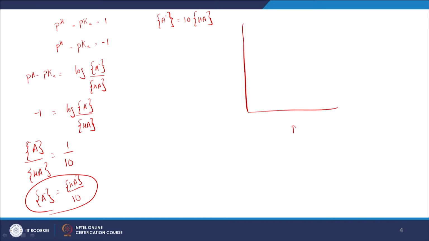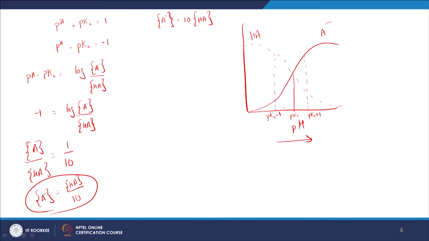So, again this is my pH, and this is my HA and this is my A minus and this is my pKa, and this is the graph, x axis is pH. So, within 1 unit from pKa plus 1, so pKa plus 1 and 1 unit to the left which is pKa minus 1.